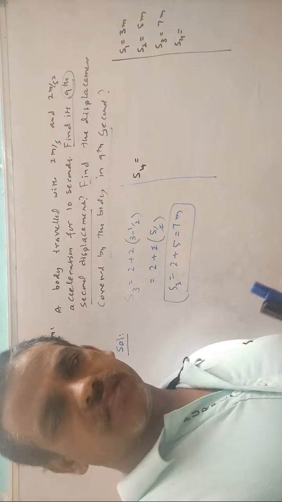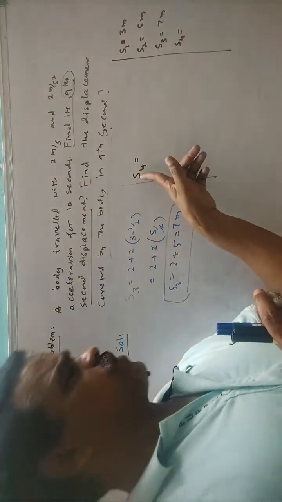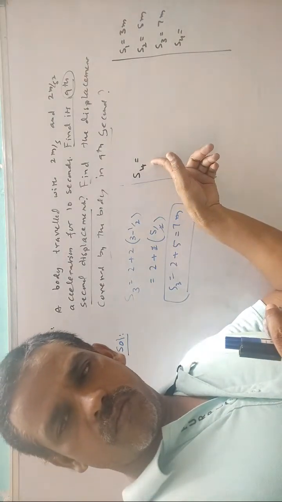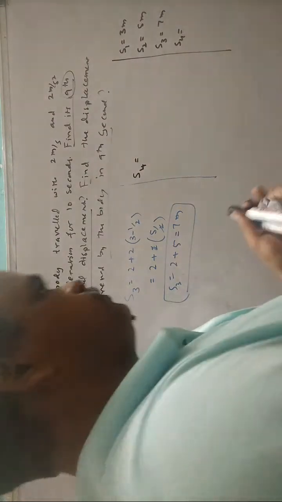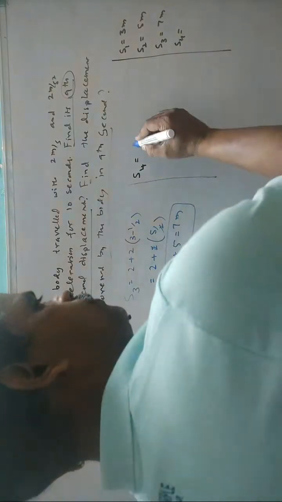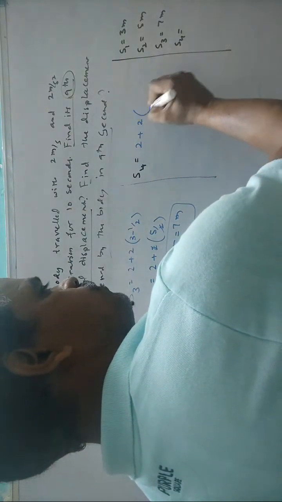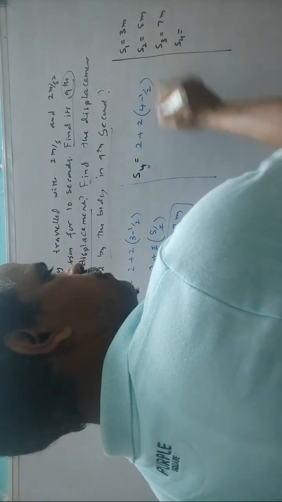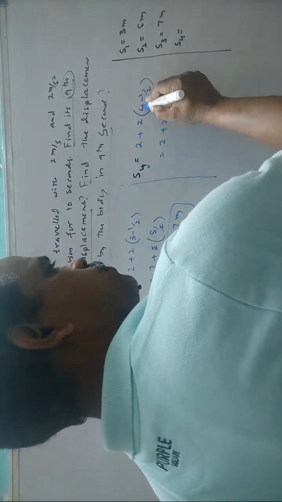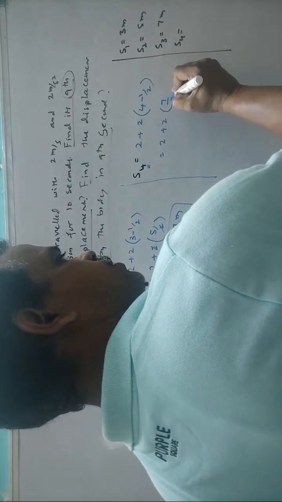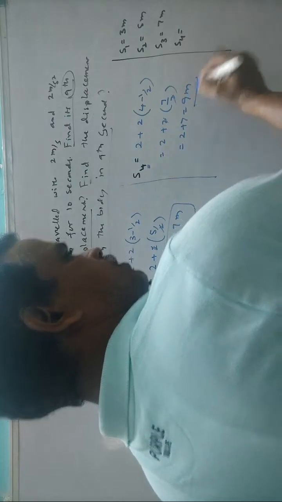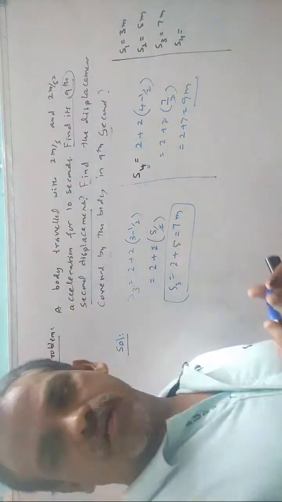S4, the displacement covered by the body in 4th second. 9 meter. I will check it. u equal to 2, a equal to 2, n equal to 4. 4 minus half. 2 plus 2, 2 4 is 8, 8 minus 1, 7 by 2, that is equal to 9 meter. Very good. You got the answer right.